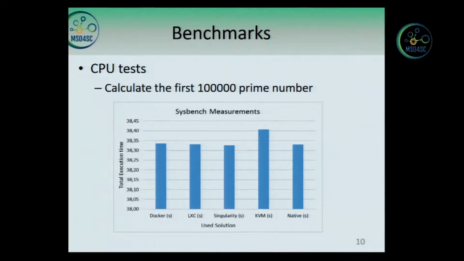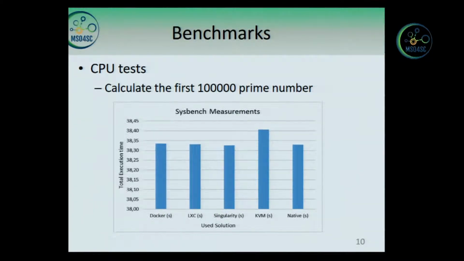Benchmark 1, the CPU test. In the CPU test, we calculate the first 100,000 prime numbers with Sysbench, and lower is better.